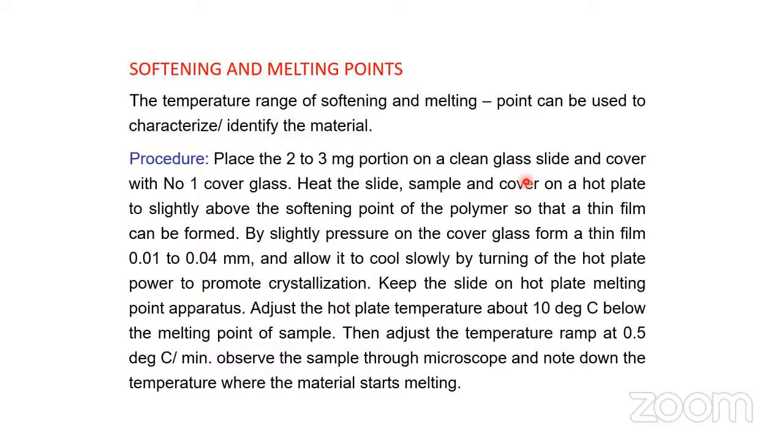Here we have mentioned 0.5 degrees Celsius per minute. After increasing the temperature, at one point your plastic will start to melt, and we can observe that. From that point your melting point starts, and at one temperature your plastic will be in a completely molten form.